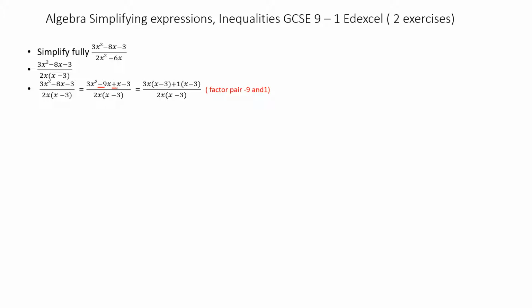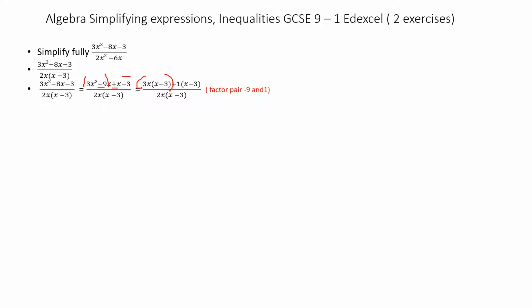So now I can factorize 3x squared minus 9x to give me 3x into x minus 3, and of course I got this extra x minus 3 there, which is the same as 1 into x minus 3.